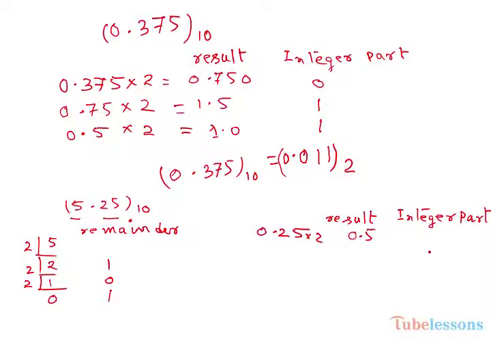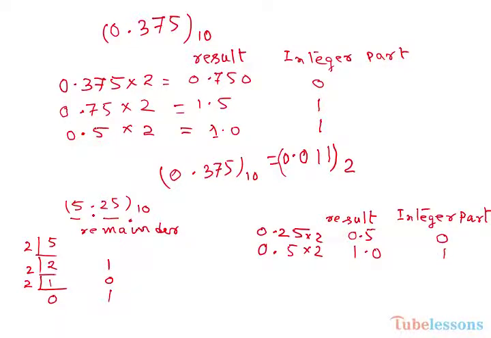So the integer part is 0. Again multiply 0.5 by 2, so 1.0. So the integer part is 1.